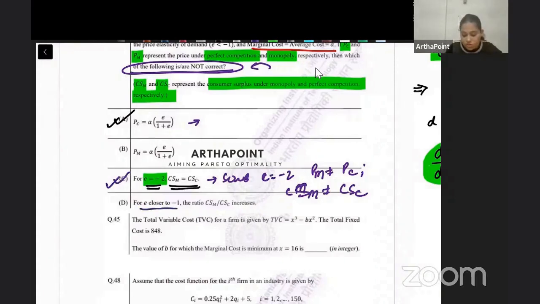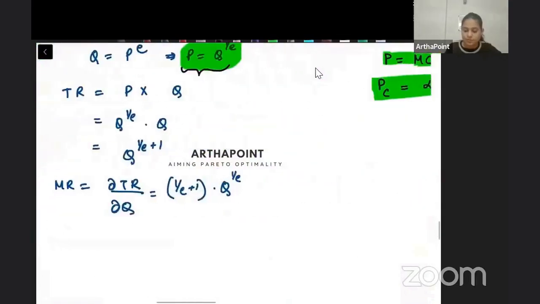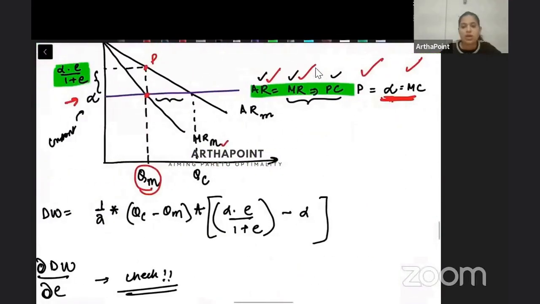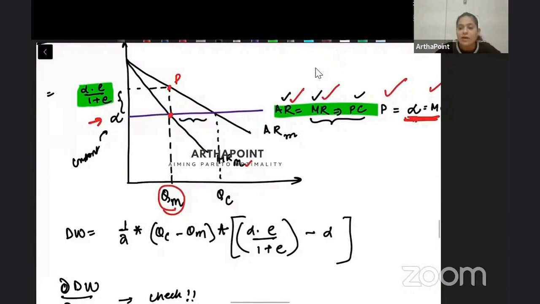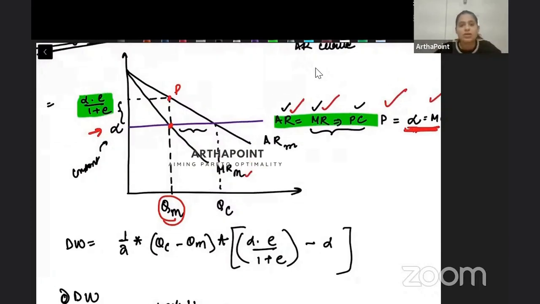For E closer to -1, ratio increases. Now just think about this. When will the ratio of the consumer surplus increase? As this gap increases.